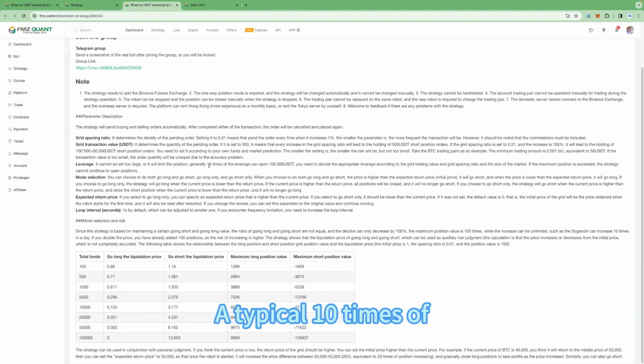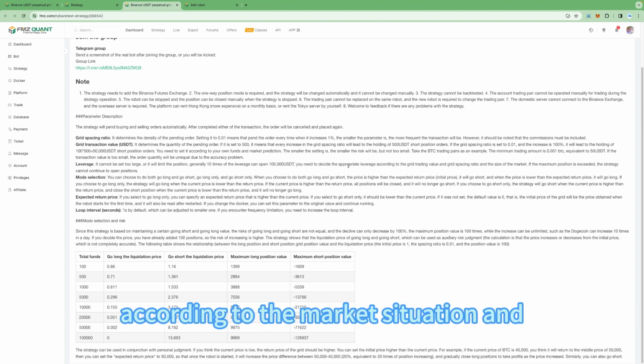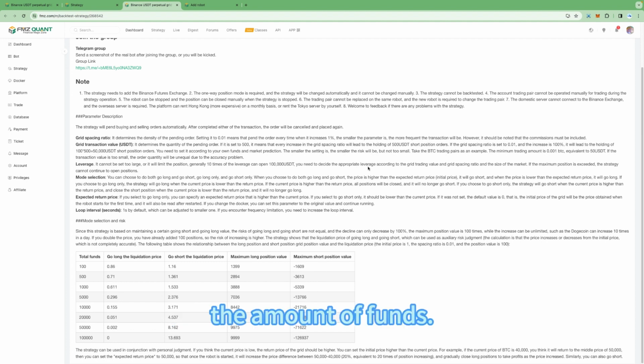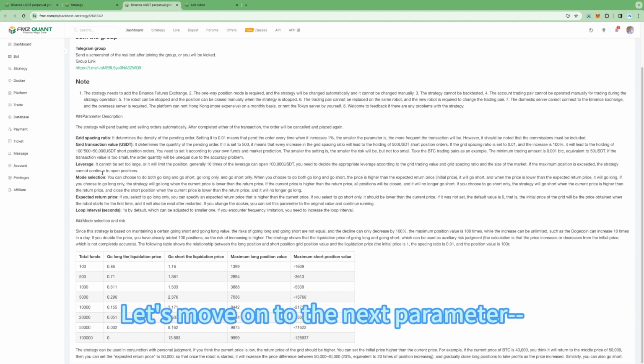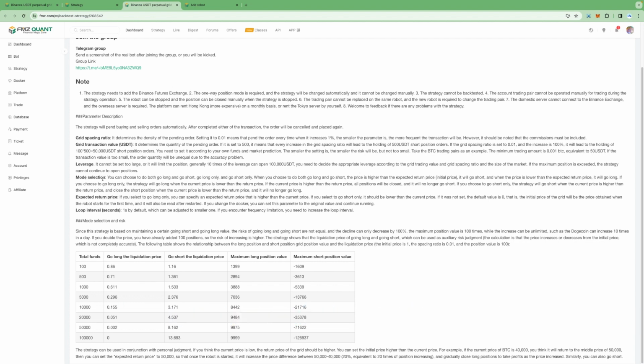A typical 10 times leverage can open 100,000 USDT. Similarly, we need to set according to the market situation and the amount of funds. Let's move on to the next parameter.